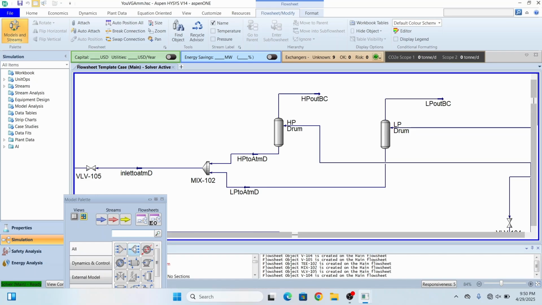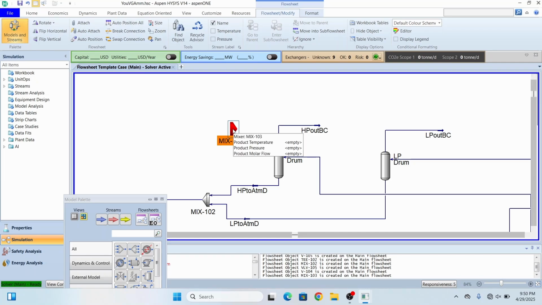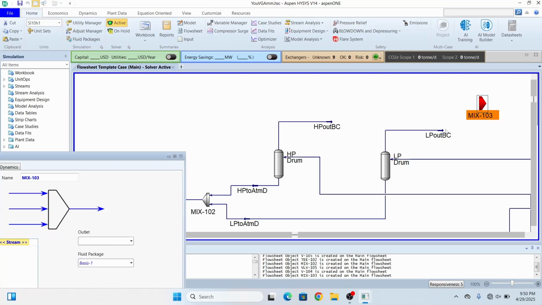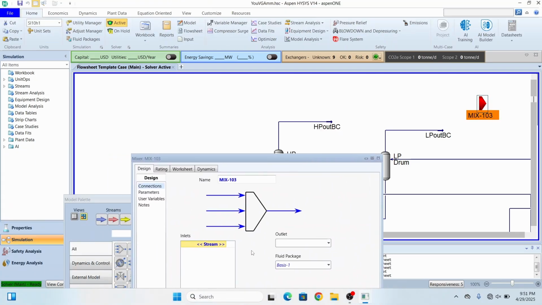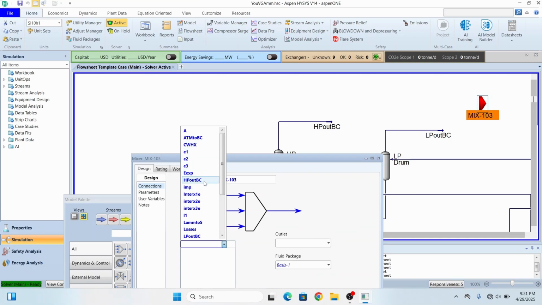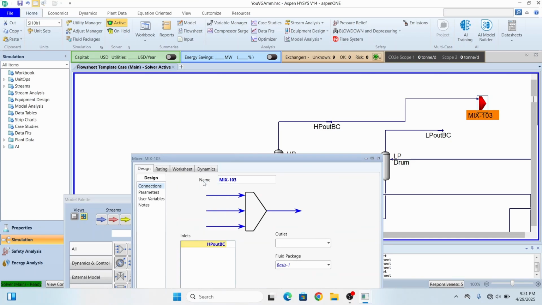So again, this is a T, this is a mixer. I will place it over here, or you can place it over here. Give its inlet streams. Inlet streams are three streams. First of all will be low pressure, high pressure out PC.